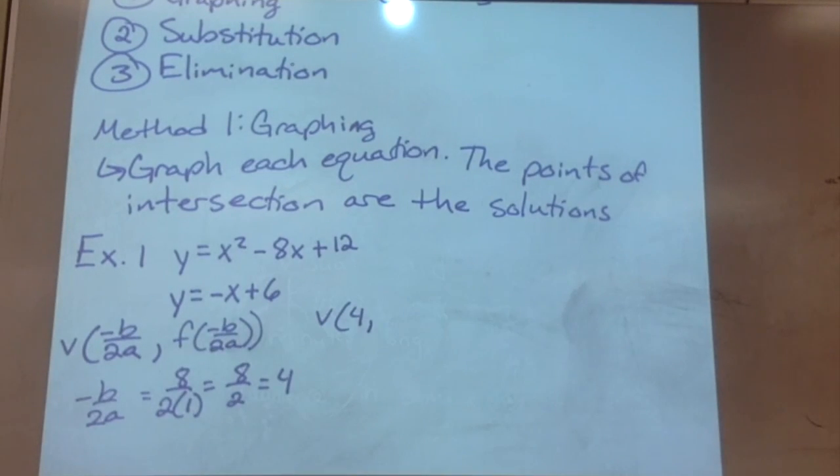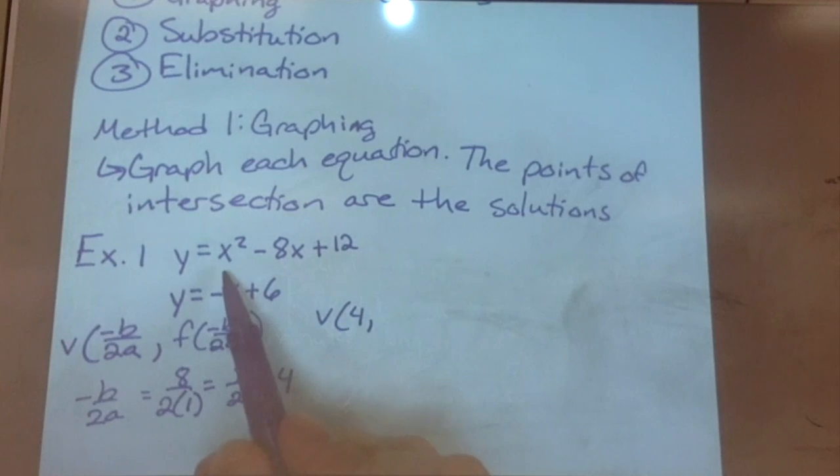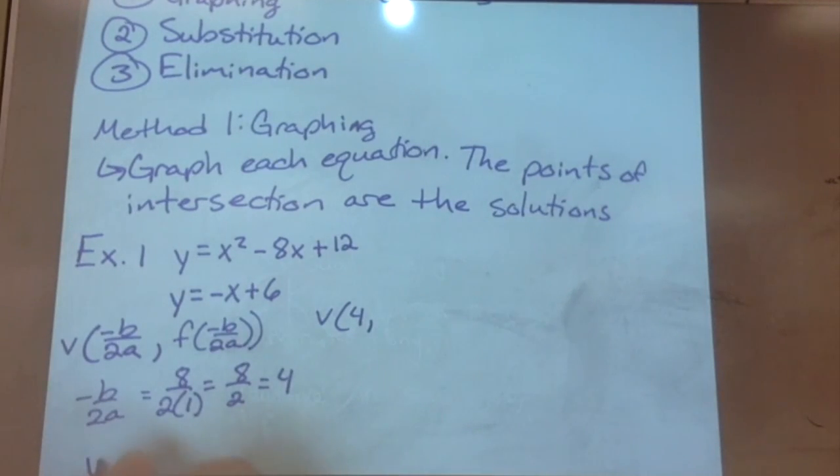All right, so to find the y value, I'm going to take this 4 and plug it back in for x. So I'm going to have y is equal to 4 squared minus 8 times 4 plus 12.